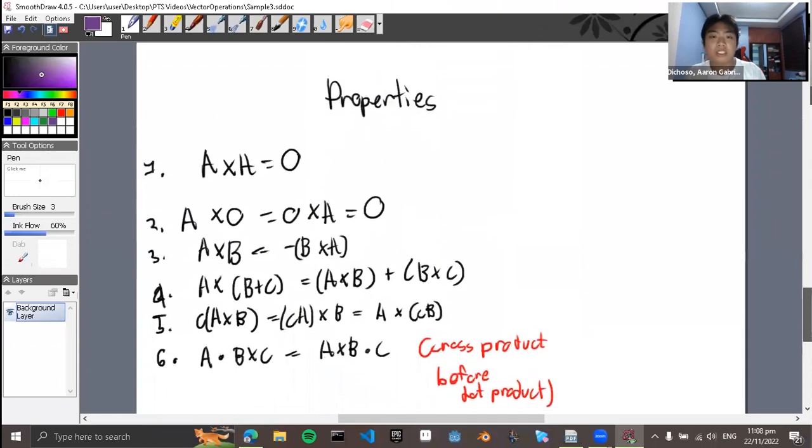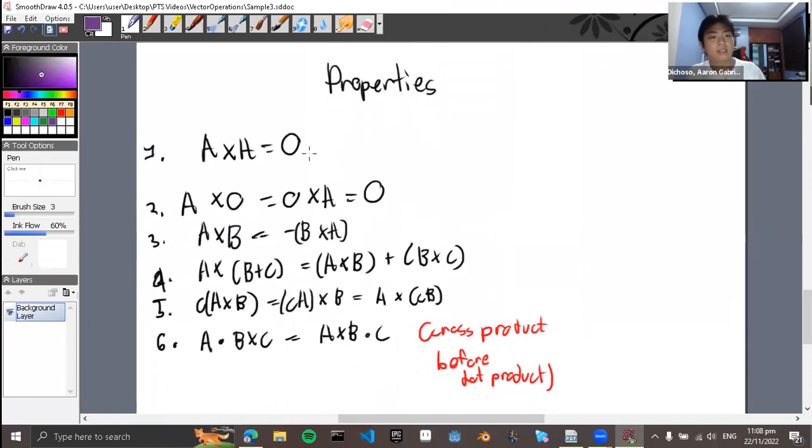Lastly, here are just some properties of cross products. So A cross A is equals to 0. If you think about it here, A, B, C. If you think about the determinant, how would you compute for the cross product as such? It would look like this. So you get yz minus yz.